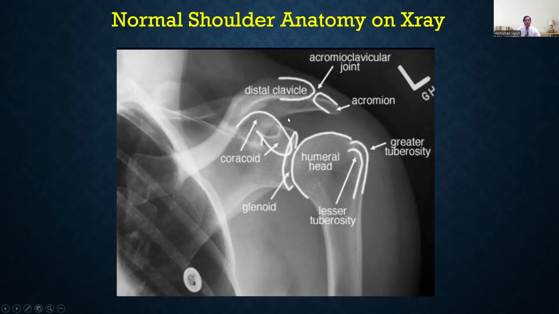You should also have an eye on how much distance is normal between the acromion and the humeral head. This will give you an idea if the humeral head is coming up in cases of rotator cuff arthropathy or degenerative arthritis of the shoulder joint.